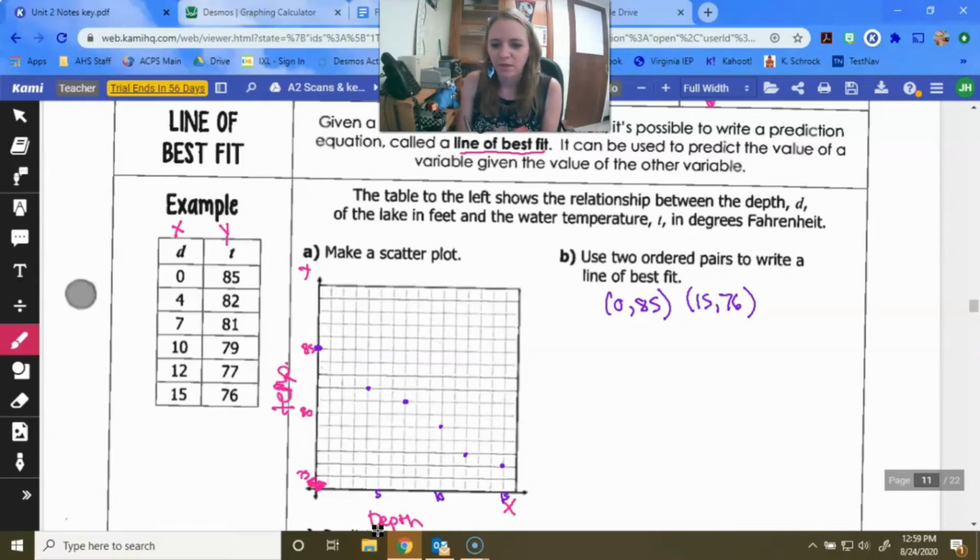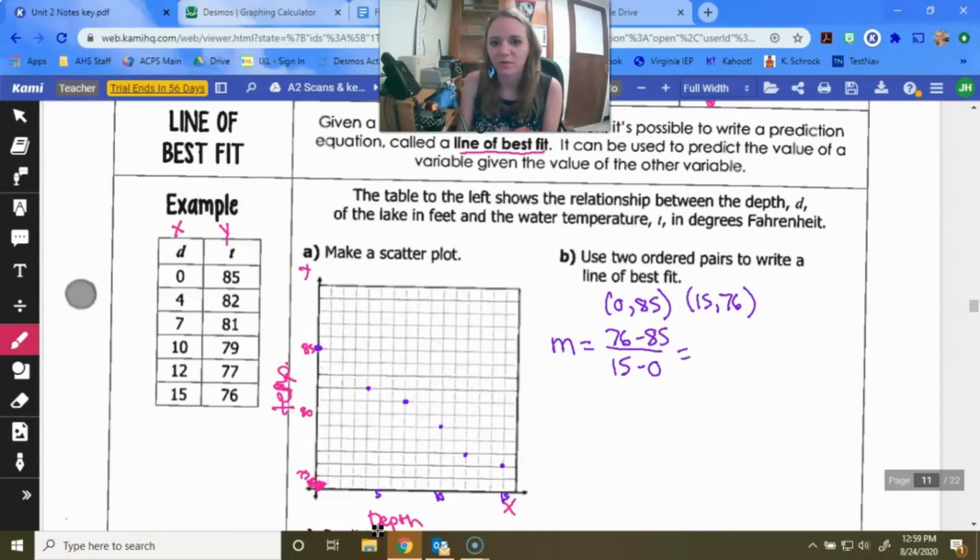So, first thing we got to do is find the slope. So we're going to do that. Find the slope. 76 minus 85 over 15 minus 0. Why do we need the slope?